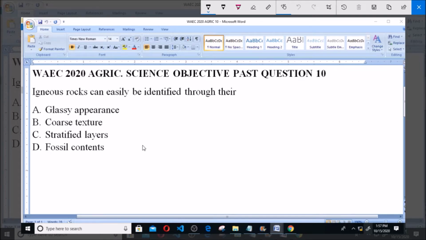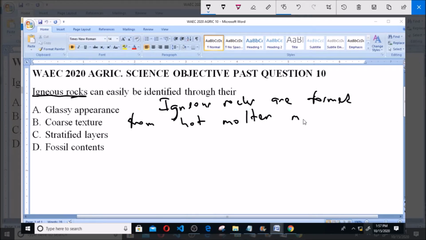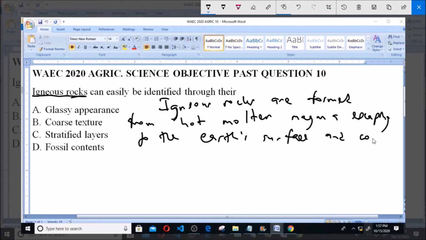So igneous rock is one of the forms or types of rocks that we have. Now, igneous rocks are formed from hot molten magma escaping to the Earth's surface and cooling.